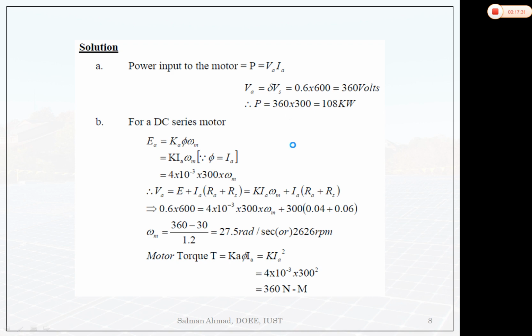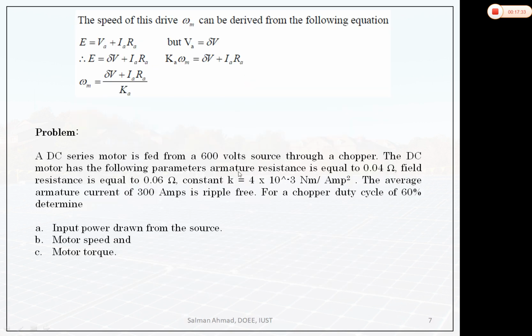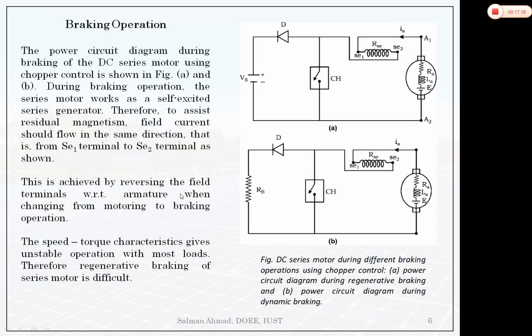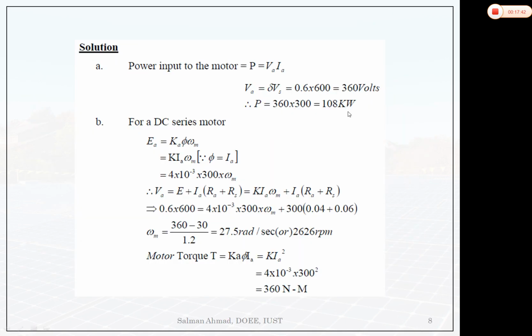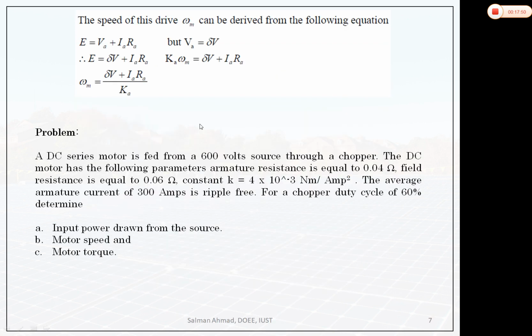Armature current is given as 300 amperes, so 300 into 360, that will be 108 kilowatt.